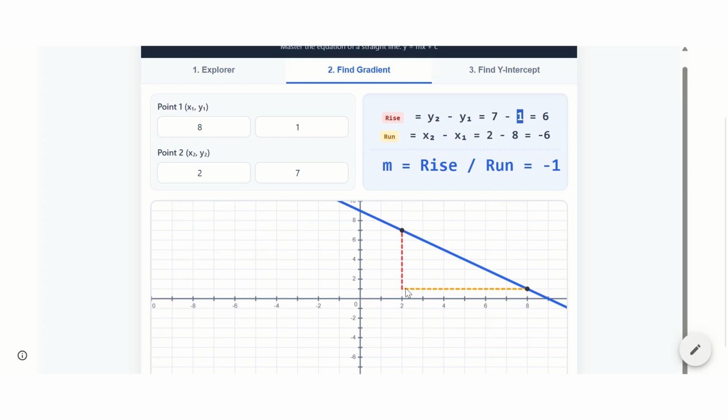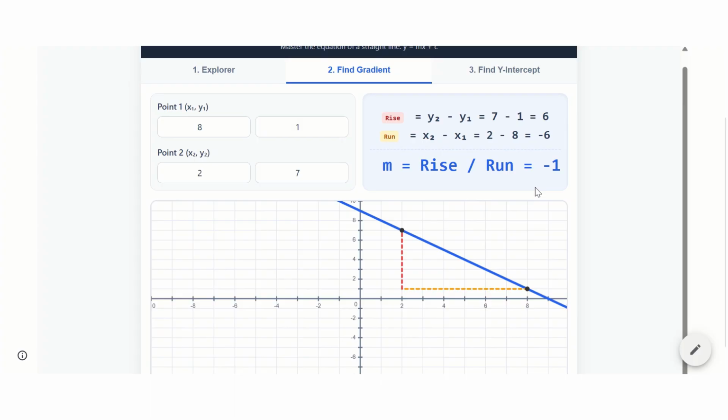The run will be 1, 2, 3, 4, 5, 6, but it is -6. Why is it -6? Because remember in part A of the straight line equation, we agreed that a line that is slanted in this direction will have a negative gradient. So even though there are 6 units, you need to put a negative there. So 6 divided by -6 gives you -1.